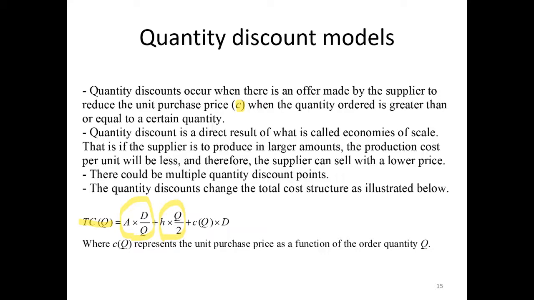These two terms are the usual terms that we find in the EOQ model, except of course if the purchase price per unit is a function of Q, then the value of H that we should substitute here is going to be another function of Q, if we calculate H as C times I. And the third term is C as a function of Q times D, which is the purchase cost per year. And as you can see, now C is a function of Q.